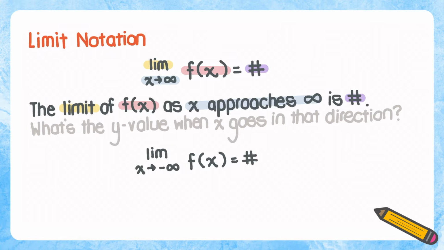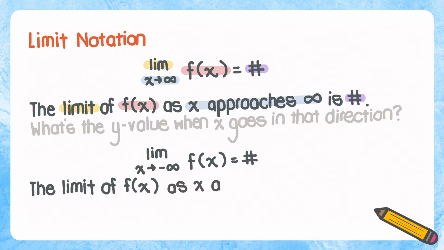So right here, x and then the arrow to negative infinity. So how would we read this notation? The limit of f of x as x approaches, and now we're going to the far left. So as x approaches negative infinity is some kind of number.